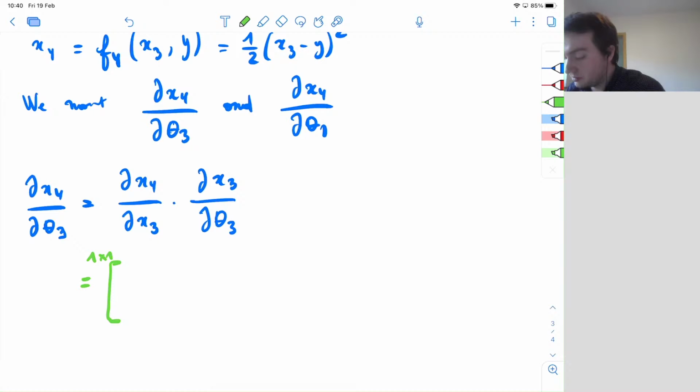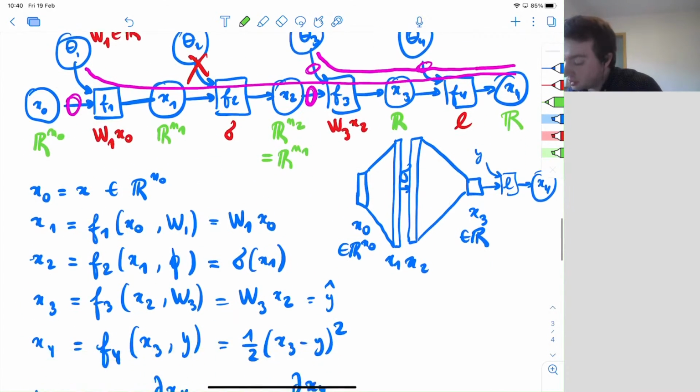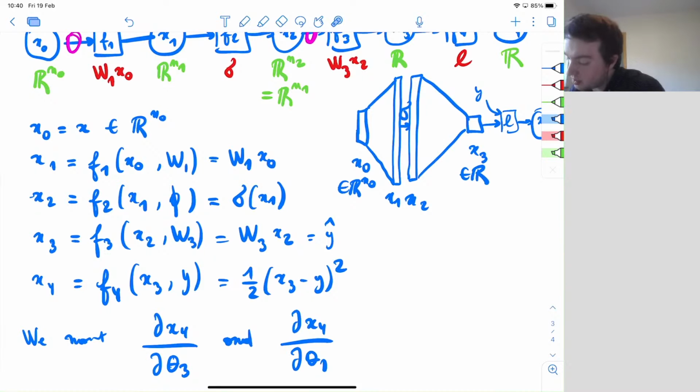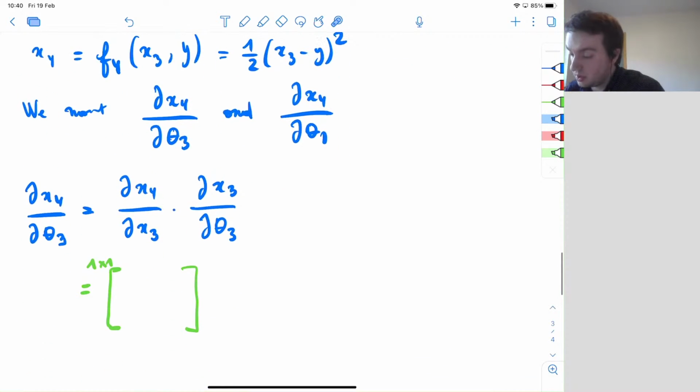So we would just have one single element here, and this would correspond to the derivative of our loss with respect to x3. And that would be equal to x3 minus y.